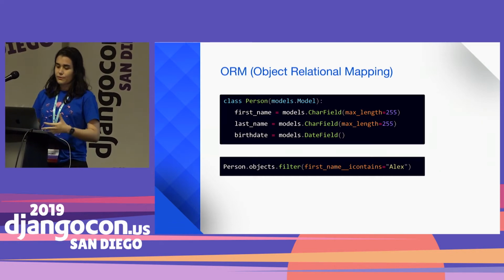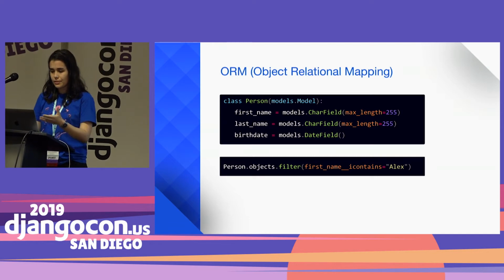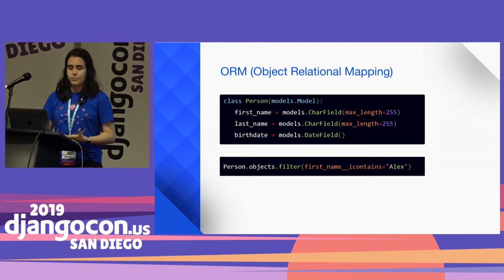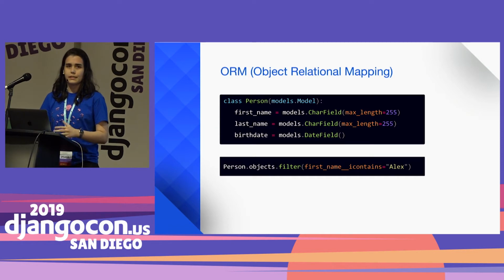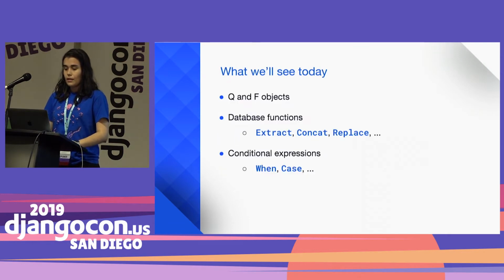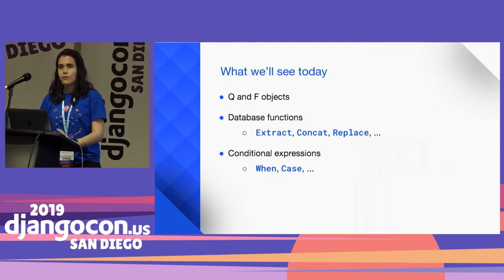And it has lots of useful things that we can use to search for something in our database. So for example, we have a filter, which we're going to be using a lot today. And as I said, it has lots of abstractions to help to get our data much more easily than writing the pure SQL, sorry. But today, we're not going to talk about simple filters.